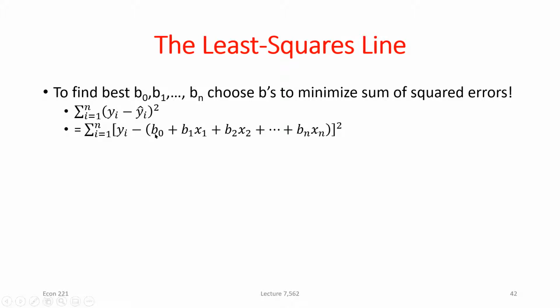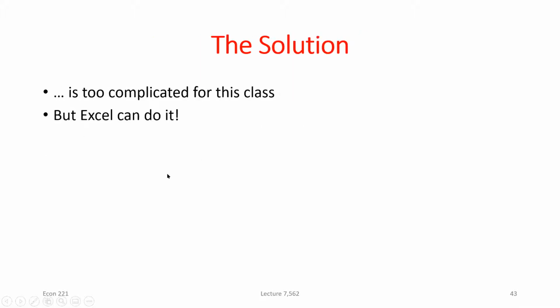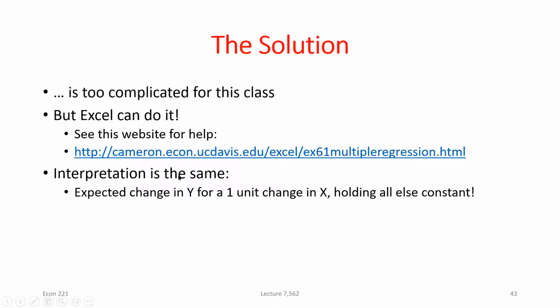Well, now it's the predicted Y value if all the X variables are equal to 0. Because if all the X values are equal to 0, 0 times anything is 0, and we're just left with that intercept. So it's pretty much the same interpretation. We just have to say all X variables equal to 0 for the intercept, and for any slope coefficient, we have to add on this phrase, holding all else constant, okay?